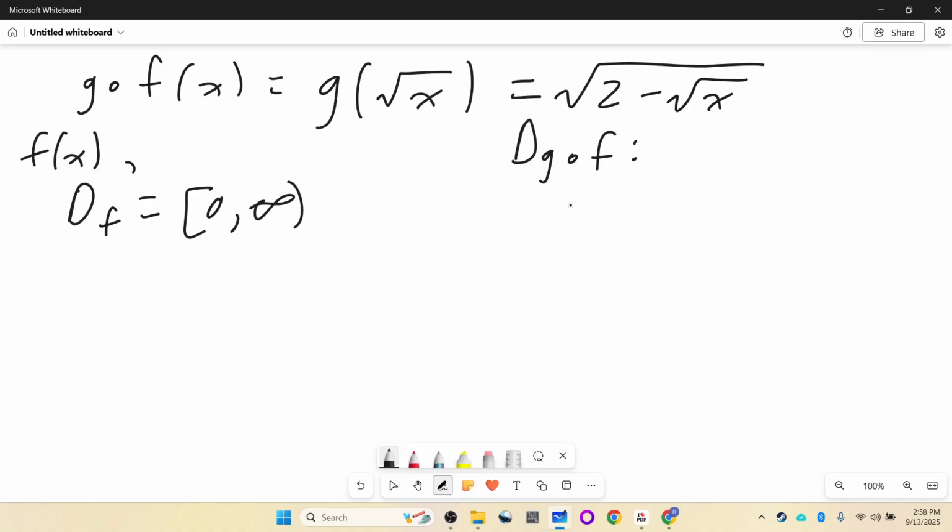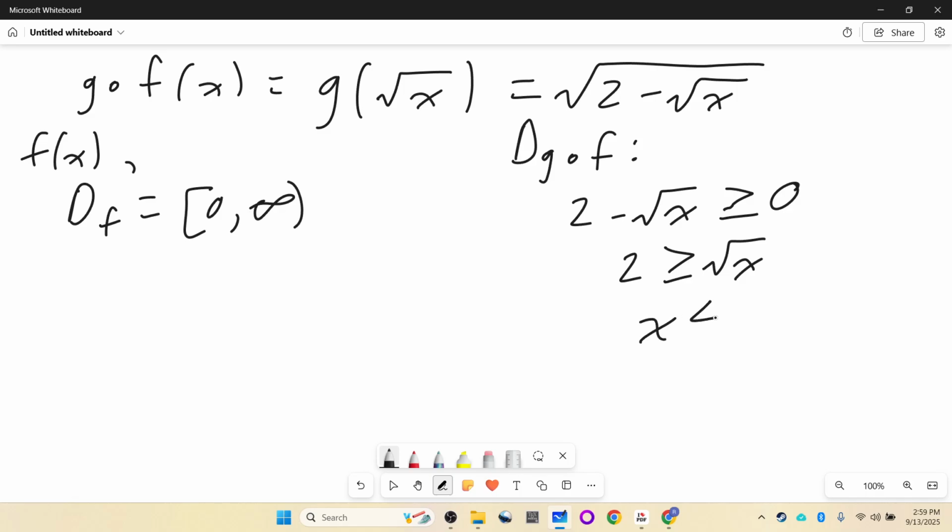Then g composed f is our combined function. Its domain would have to satisfy 2 minus root x is greater than or equal to 0. How do we solve that? 2 is greater than or equal to square root of x, so square root of x has to be less than or equal to 2. We know x has to be positive, so x is less than or equal to 4.